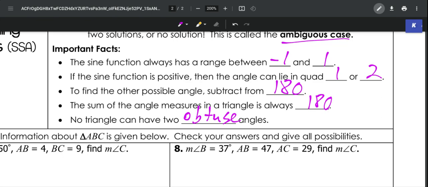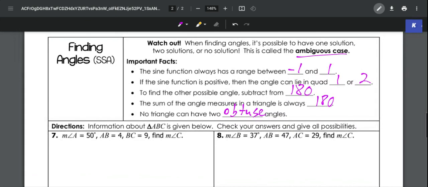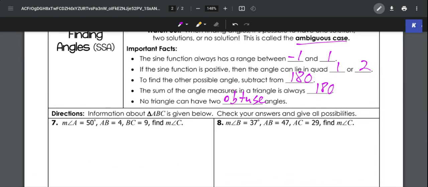So that's essentially what we're going to do. We're going to find an angle measure, and then use that, subtract it from 180, and then test out if we might possibly have no solution or if we have more than one solution.